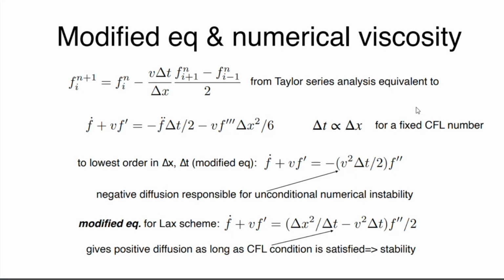So f_i^{n+1} is equal to f_i^n plus delta t f dot plus delta t squared by 2 f double dot and so on. If you plug that in here in terms of f dots and f primes, you can get what this finite difference equation is approximating. Which PDE is it approximating? So this equal to 0 is the leading order equation that it is approximating.